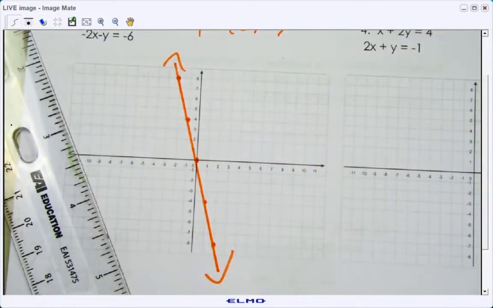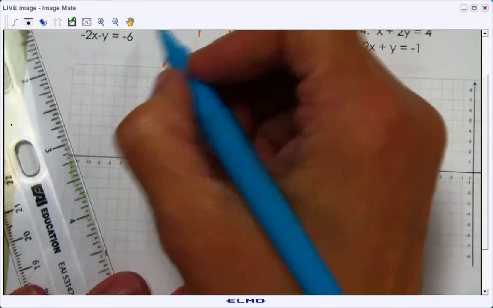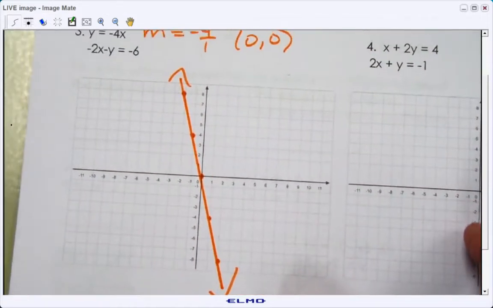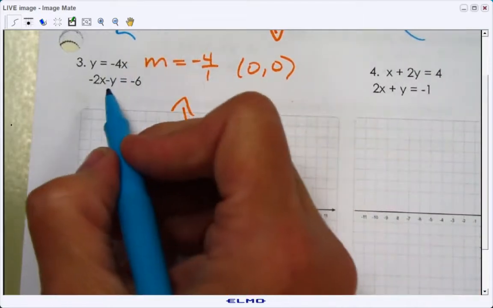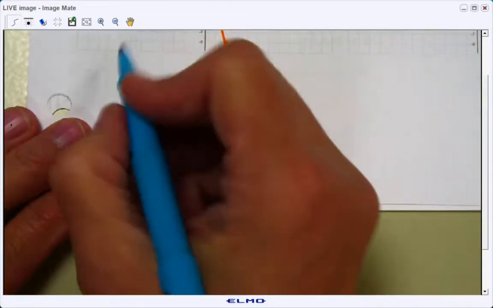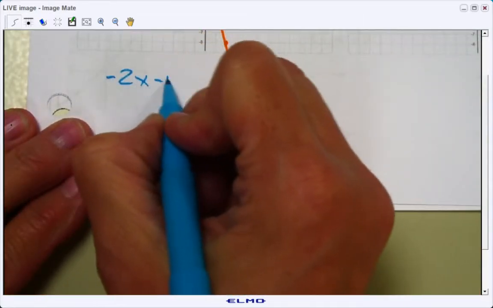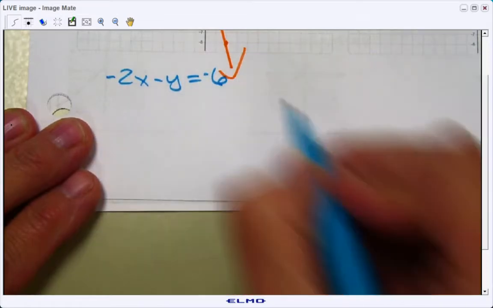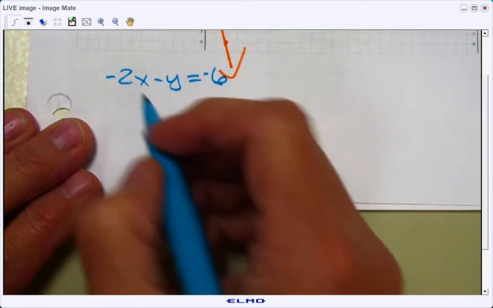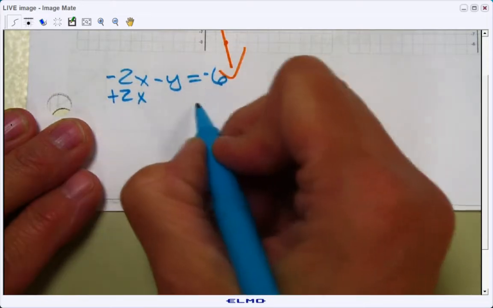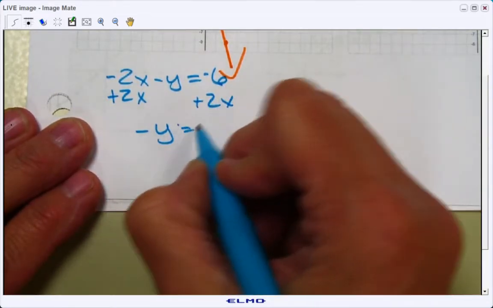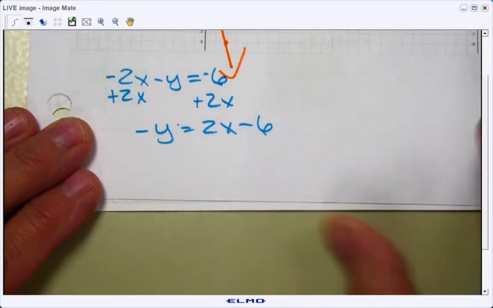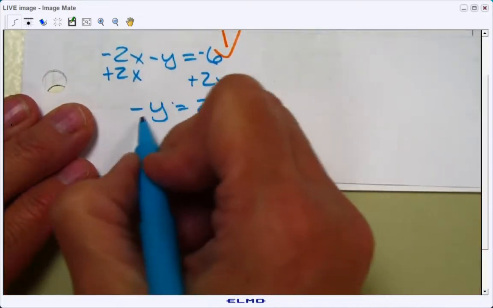Then my other one, oh, look at that. It's not y equals. So the first thing I have to do is I have to solve for y here. So I'm actually going to take the space that's down at the bottom here, and I'm going to make sure you take the negative on that. I'm going to add 2x to both sides. I'm going to get negative y equals 2x minus 6, because we want it in y equals mx plus b form.